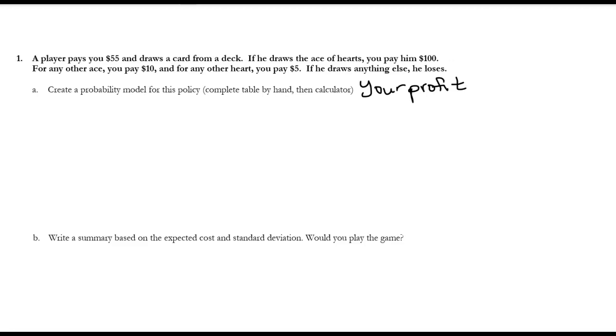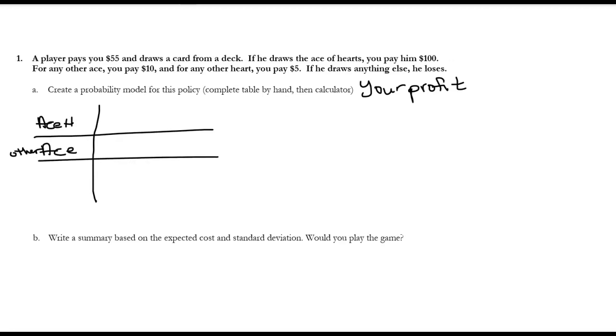Okay, so the first thing I do is list my options. Right here, it says he gets an ace of hearts, and then we have another ace, any other ace. Then for any other heart.